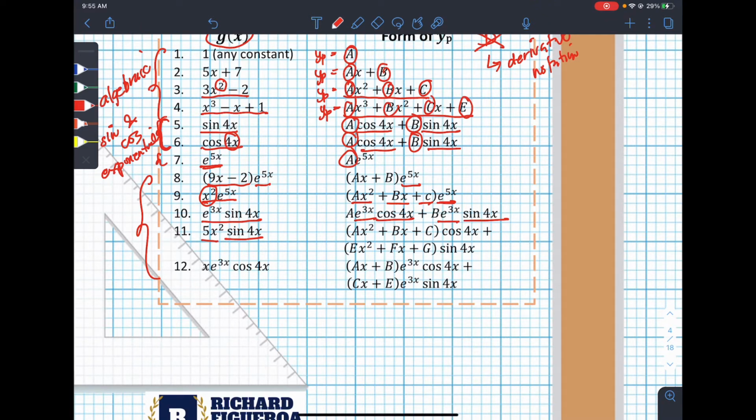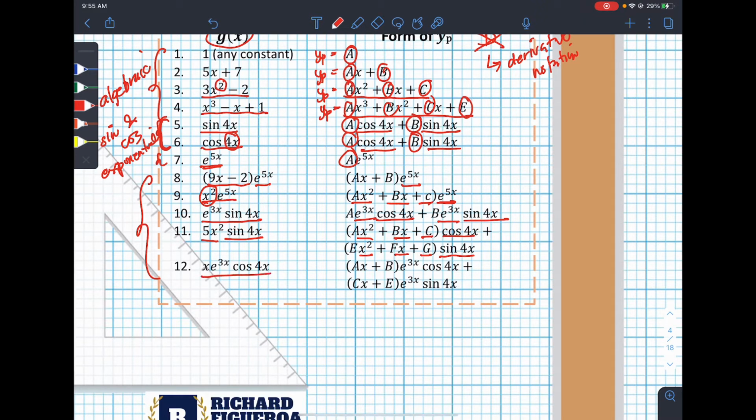Ganun ulit. Ito, sine, tapos ang kapares niya is cosine. Kaya lang, ang sine, nakamultiply siya ng x squared. Kaya meron tayong ex squared fx plus g. Since kung anong ginawa mo sa sine, dapat ganun din yung nasa cosine. So, ax squared plus bx plus c din yung nandun sa product.